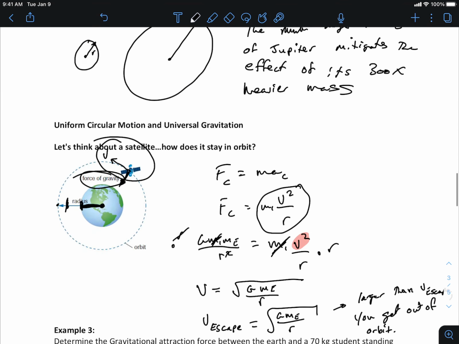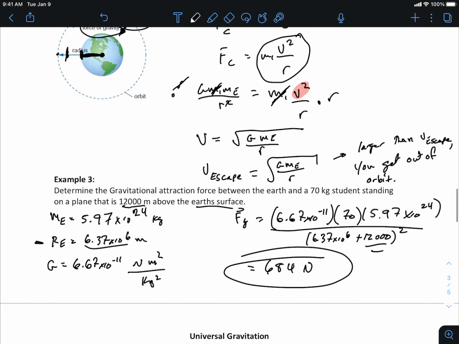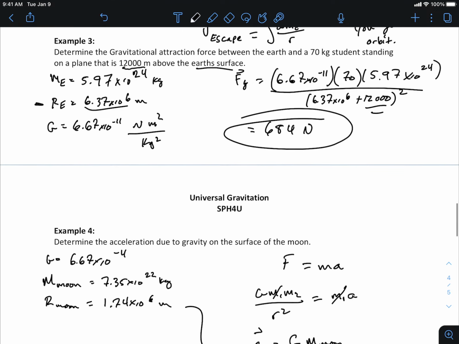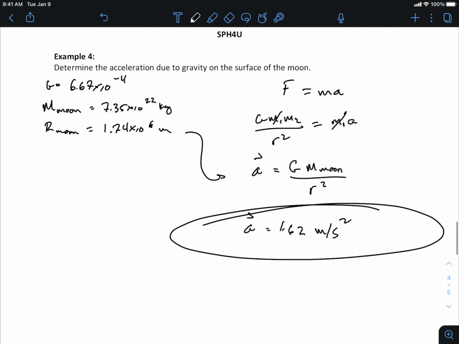There was a famous physicist named Kepler, and he looked at orbits and how objects orbited other planets, and the gravitational force that they exert on one another, and ended up coming up with Kepler's laws.